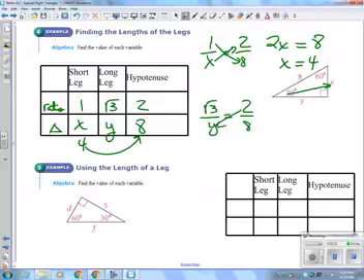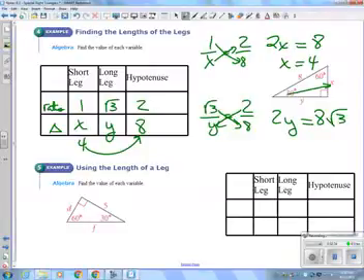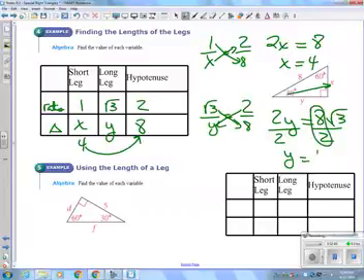When I cross multiply this other one, 2 times y, and square root of 3 times 8 is just 8 square roots of 3. You can't multiply those together because one's in a radical and one's not. But you can divide by 2. Now again, remember, the outside numbers can be reduced, and that's 4 square roots of 3.